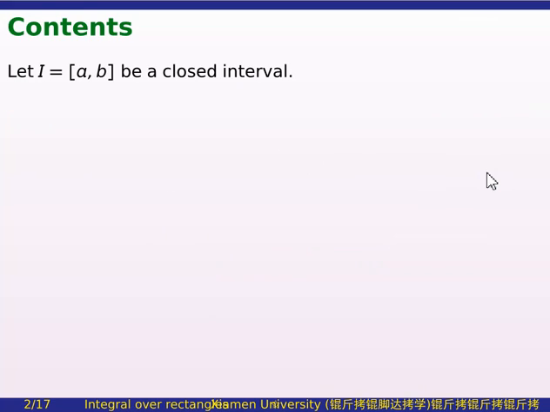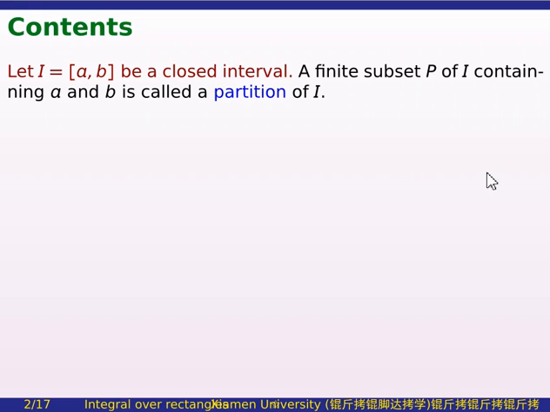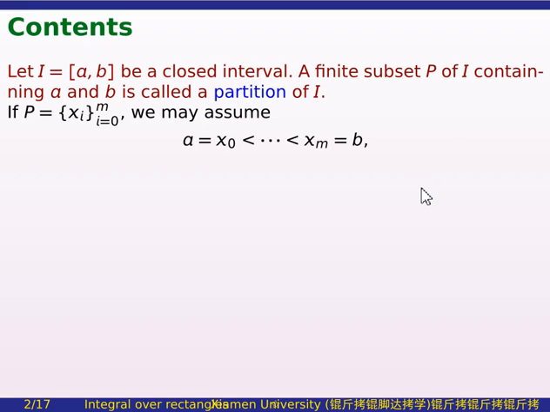First, we recall that if I is a closed interval with endpoints a and b, then a finite subset P of this interval is called a partition of I. We require that the subset P contain the endpoints of the interval. For example, we might assume that x0 is a and xm is b.